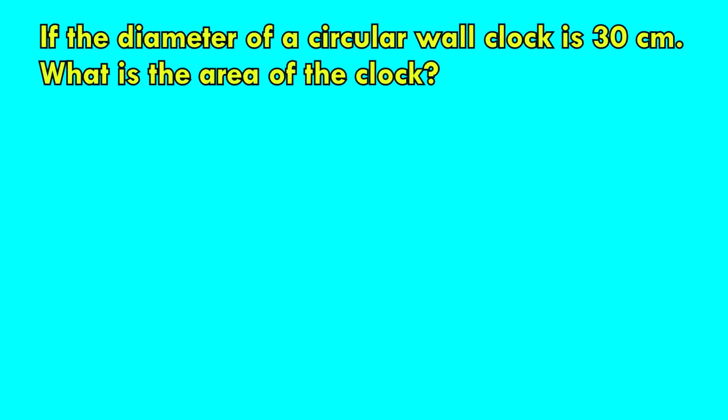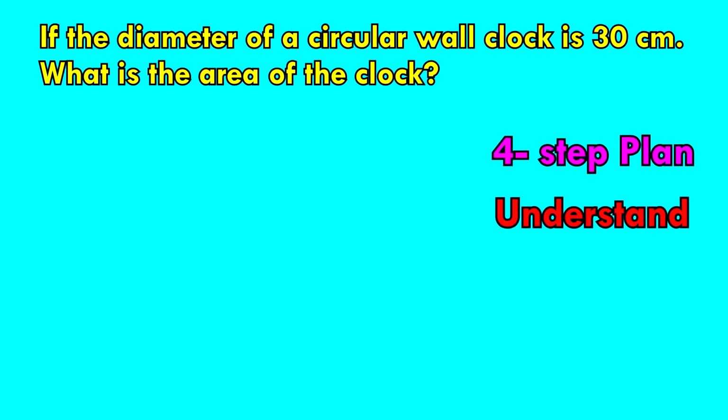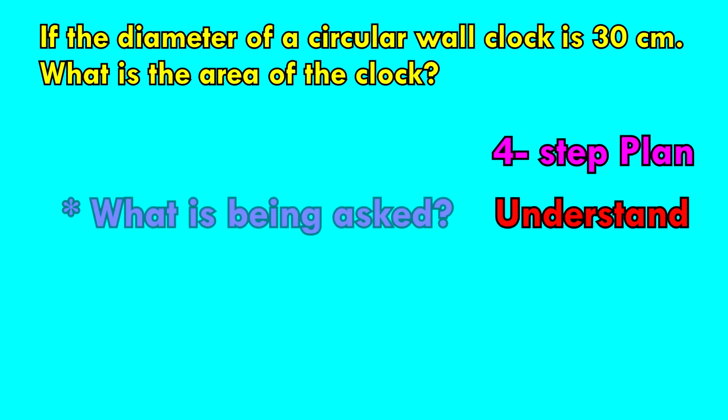And the problem is, if the diameter of a circular wall clock is 30 centimeter, what is the area of the clock? Again, the first step, it would be understand. Under the understand, we must look for what is being asked.